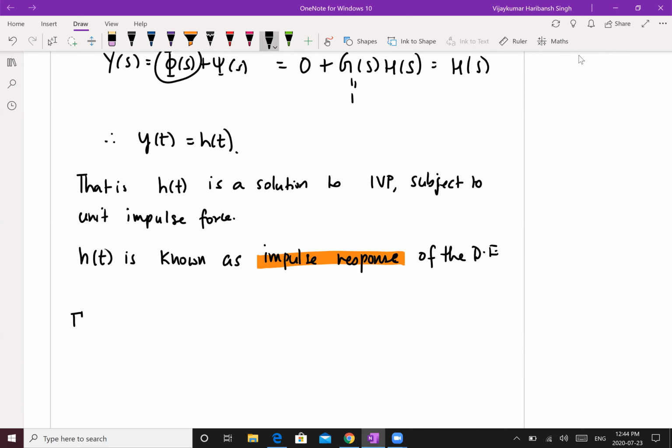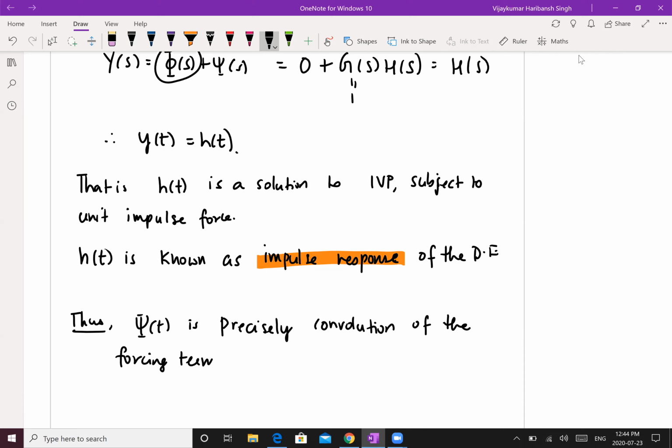Thus, what do we get? Thus, psi of t is precisely the convolution of the forcing function g of t with the impulse response h of t.